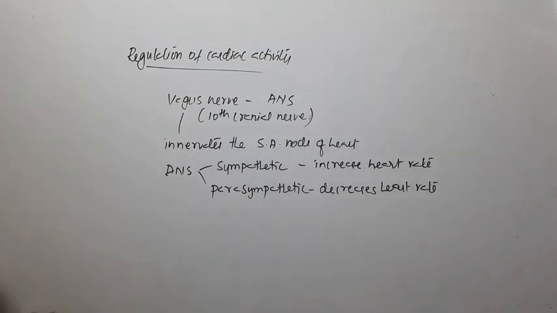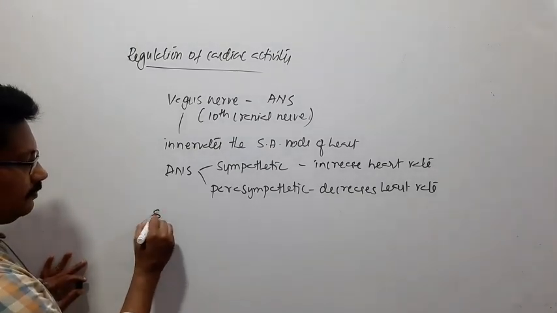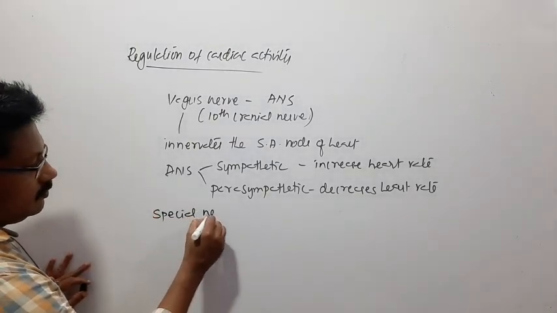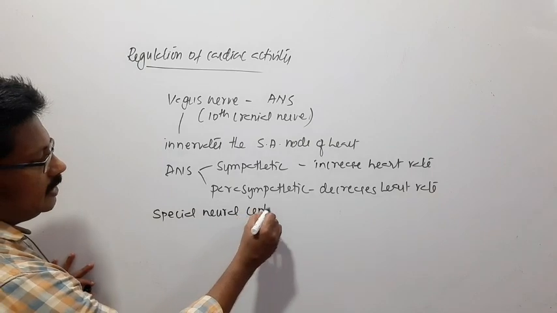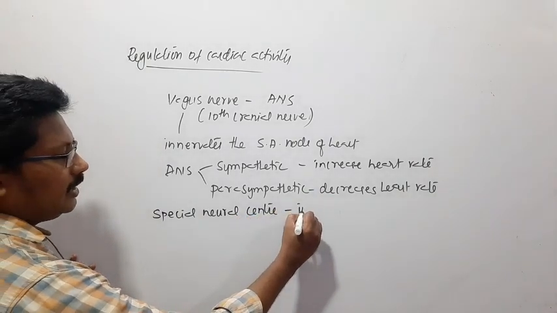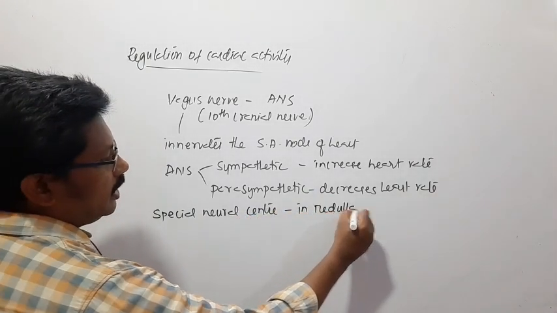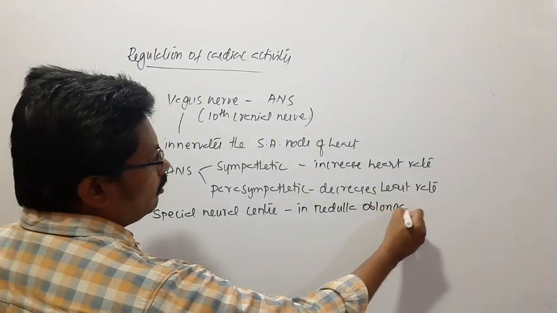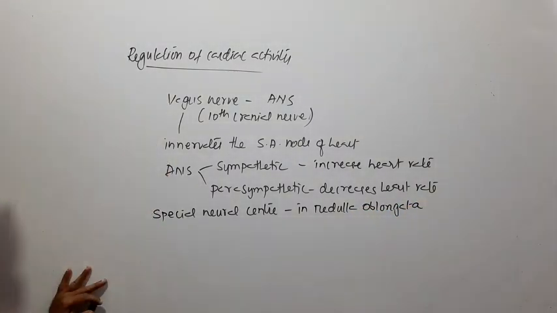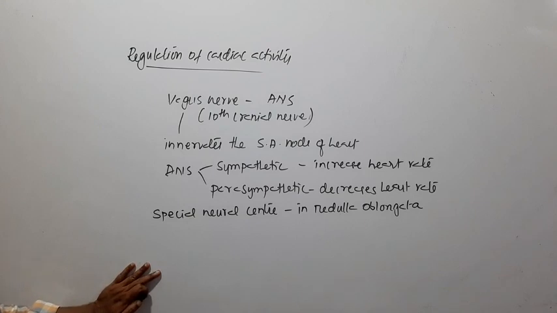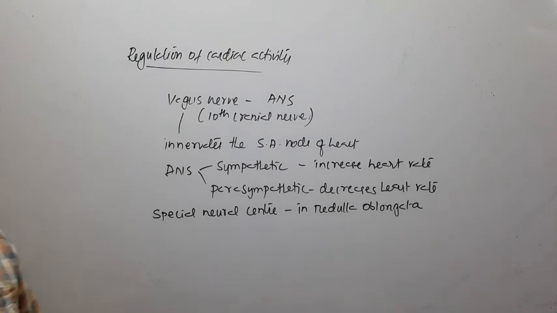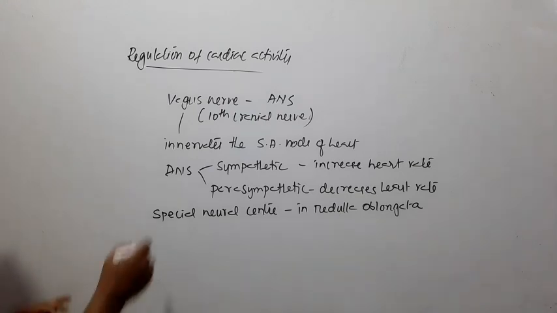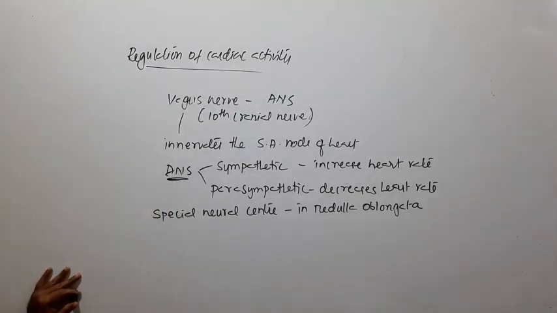And there is a special neural center in the medulla oblongata, and this neural center will help in moderating the cardiac functions through the autonomic nervous system.